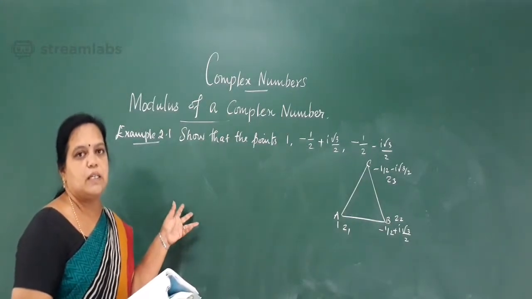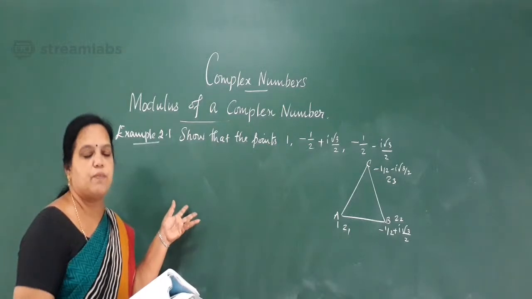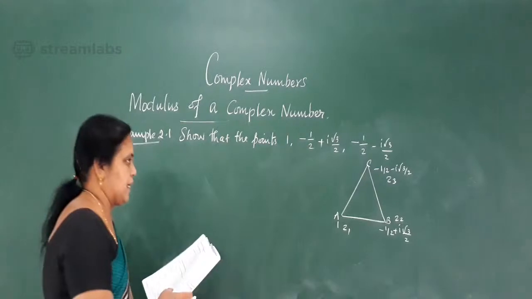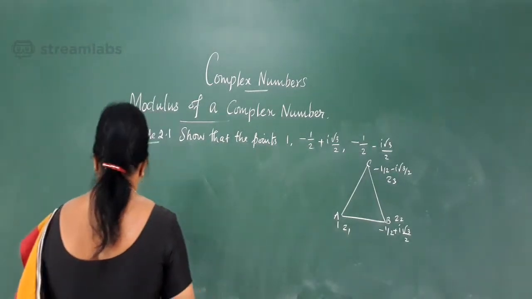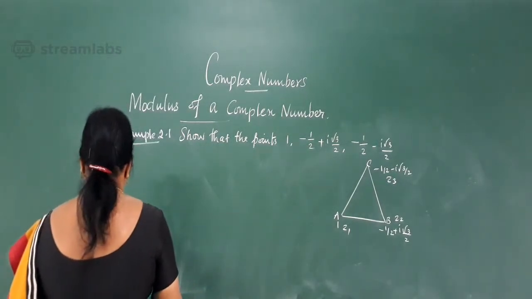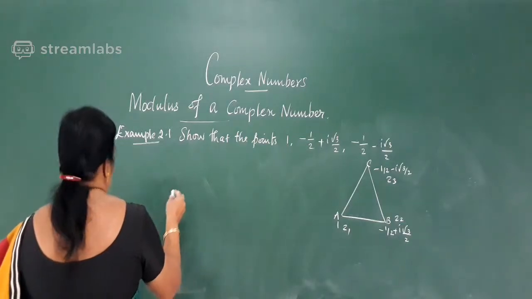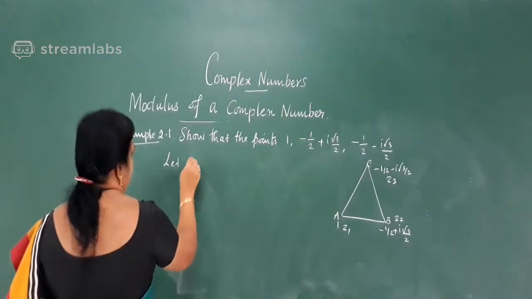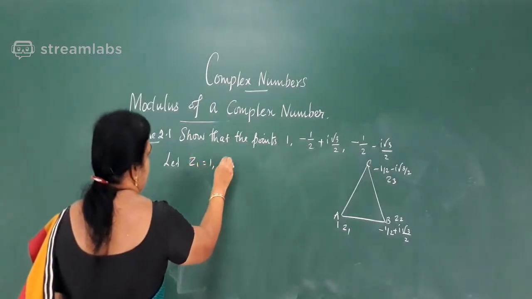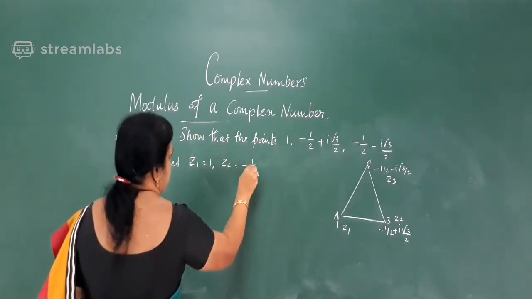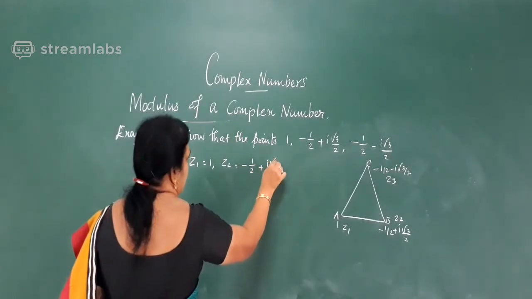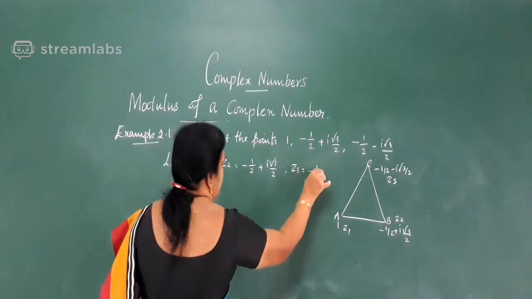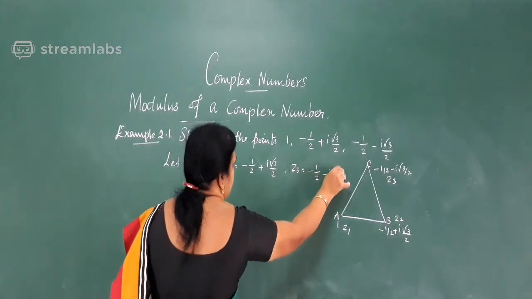Otherwise we can't tell that the given vertices make an equilateral triangle. See, first let z1 equal to 1, z2 equal to minus 1 by 2 plus i root 3 by 2, z3 is equal to minus 1 by 2 minus i root 3 by 2.